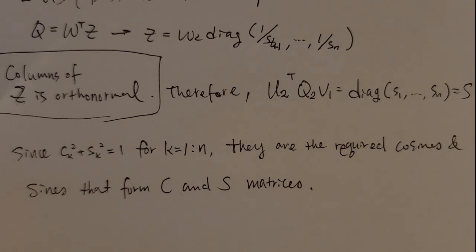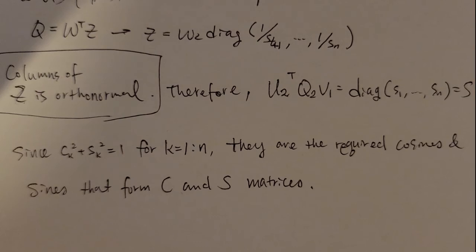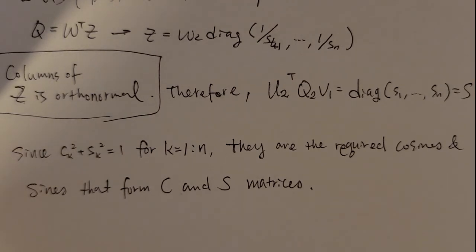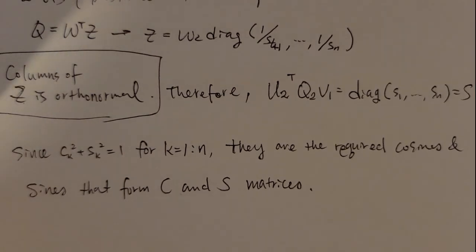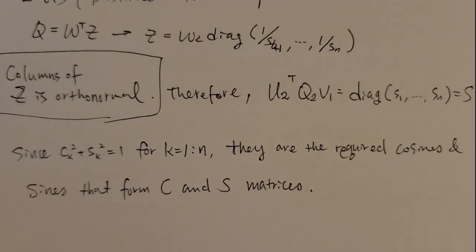If you go through what I went through in proving this theorem, then you should be able to find the U1 matrix, U2 matrix, V1 matrix, and the cosine and sine matrices. And once you have all those matrices, you can plug into all the equations that I have listed.